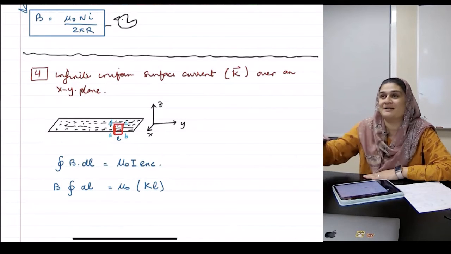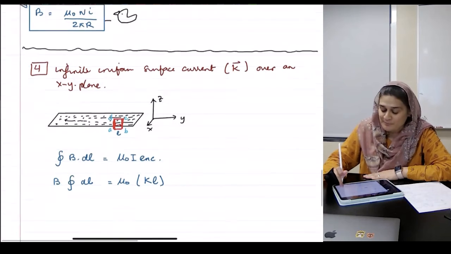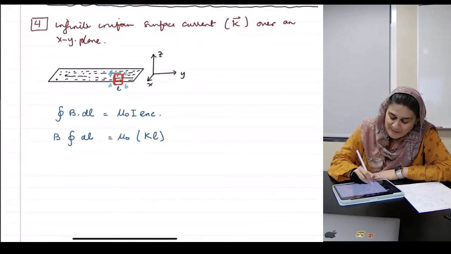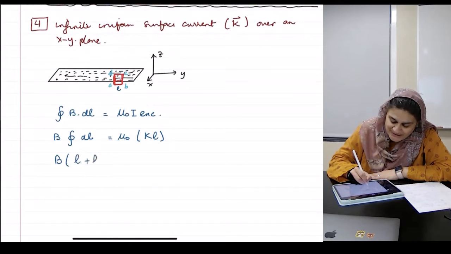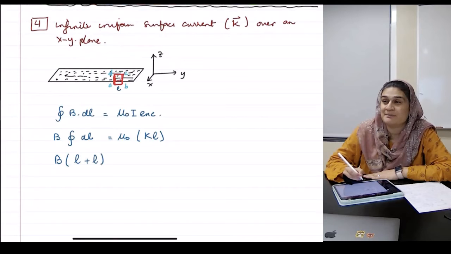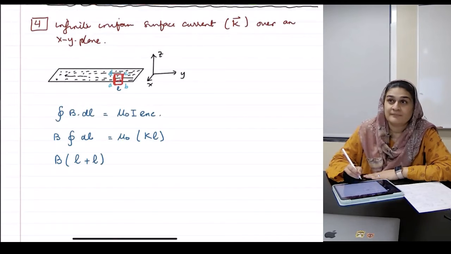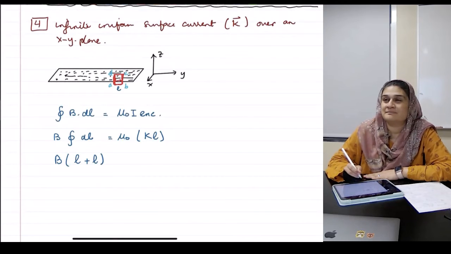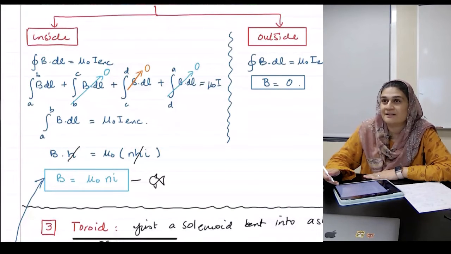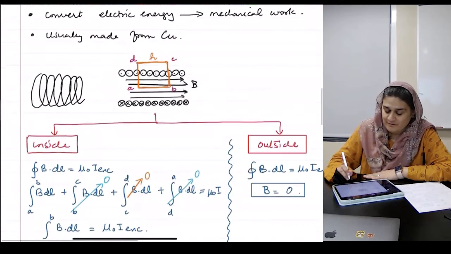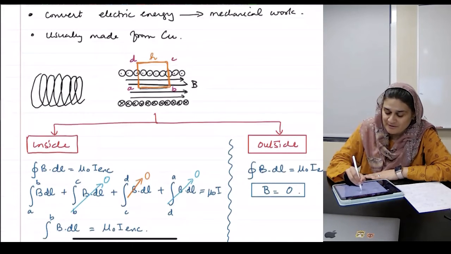Again, going back to the same logic, right? So may I write this as B times L plus L, the only two segments that matter, the top and the bottom, just like we were doing here. So I'm not going into all the details. It's pretty much the same thing. Here, which was the only segment that mattered? This one.